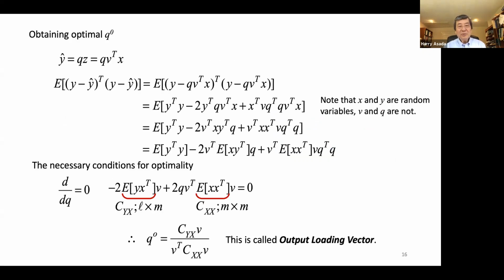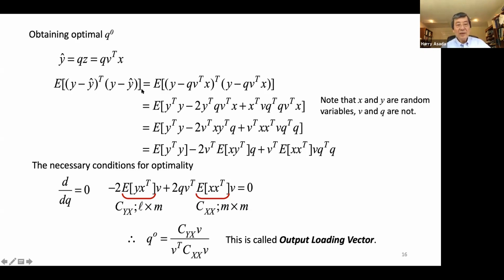So what we would like to do is find the Q that minimizes this squared error, right? So the Y hat is Q times Z. The Z is actually a score, right? So that is actually given by the unit vector V transpose X, right?